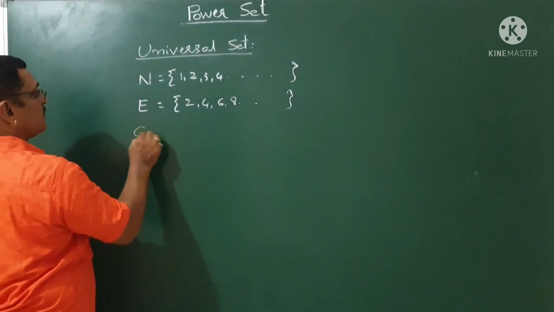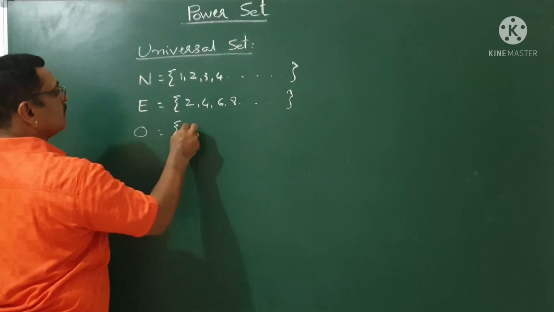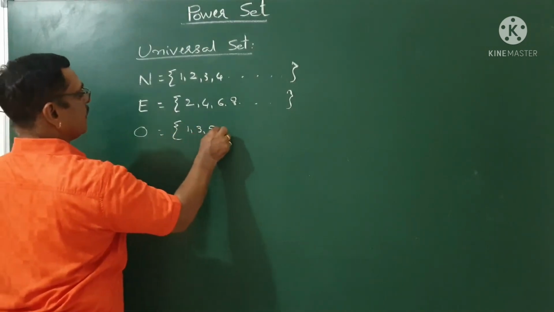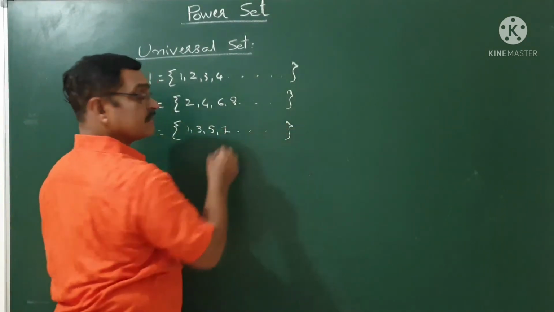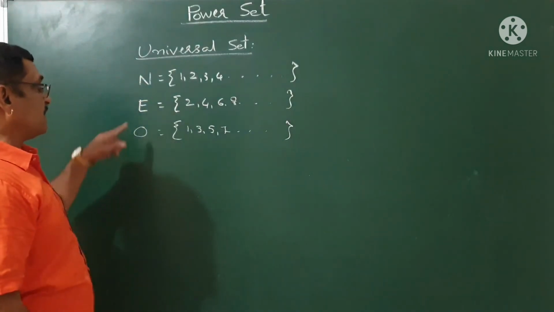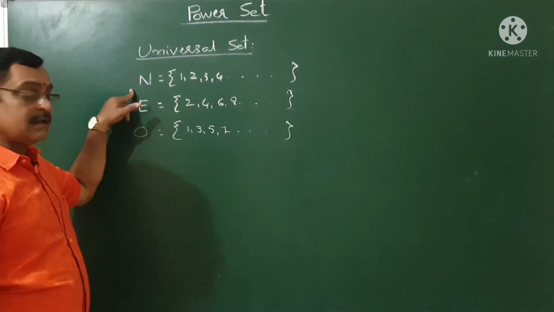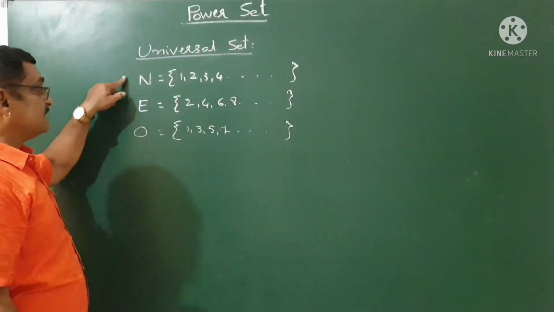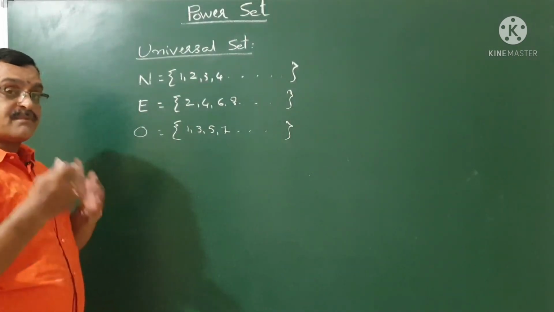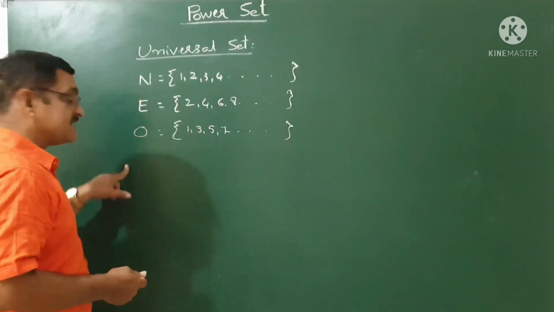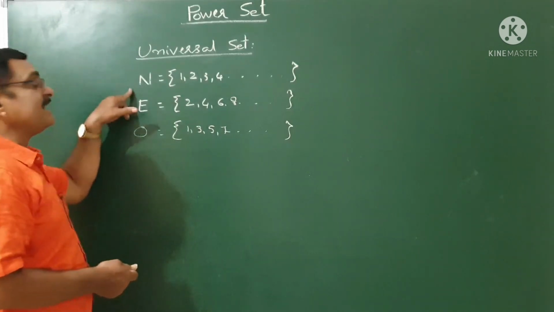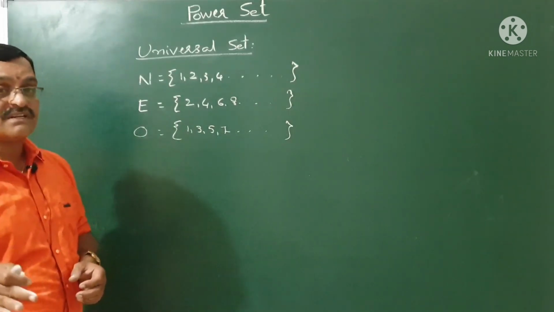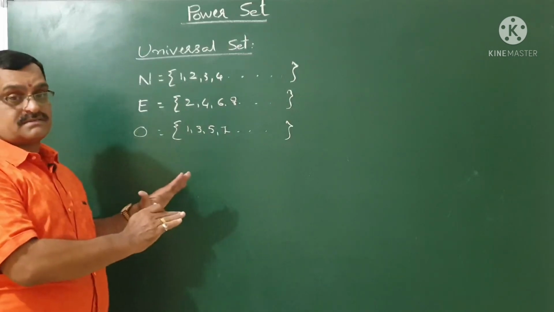I take set of odd numbers, 1, 3, 5, 7 and so on. If you observe carefully, my E is a subset of N, my O is a subset of N. That means if you are discussing a problem which has only these three sets, then this N is called the universal set in that context.